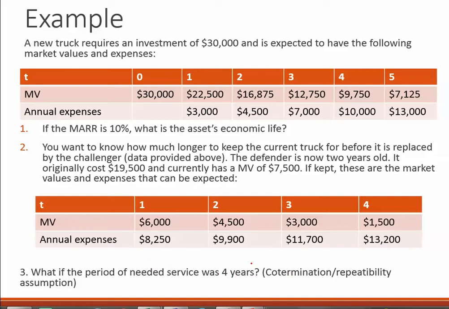So remember that, in case it wasn't clear before, in most replacement analysis problems, we are either assuming an infinite life, and that's what happens when we do capitalized worth, or we're assuming that the life of the assets, or at least the Challenger, and the analysis period match, and that the Defender and Challenger can be analyzed for the same period in a way that makes sense.